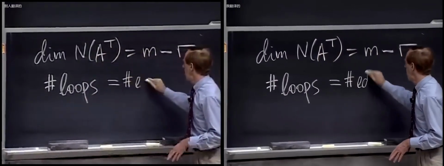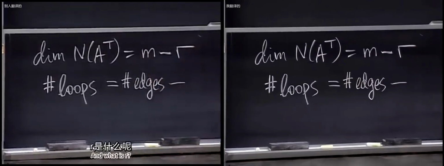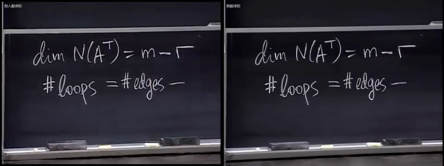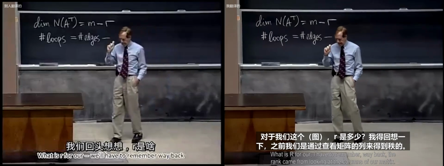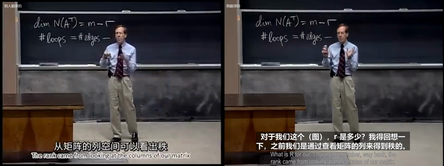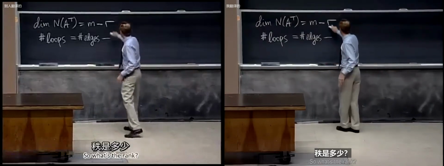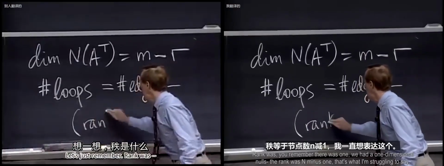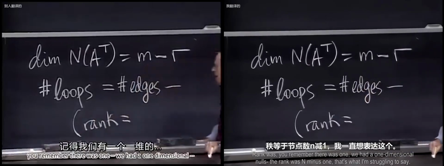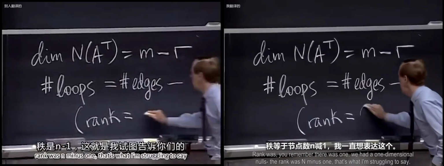And what is R? We have to remember way back. The rank came from looking at the columns of our matrix. So what's the rank? Let's just remember. You remember we had a one-dimensional null space. The rank was n minus 1.